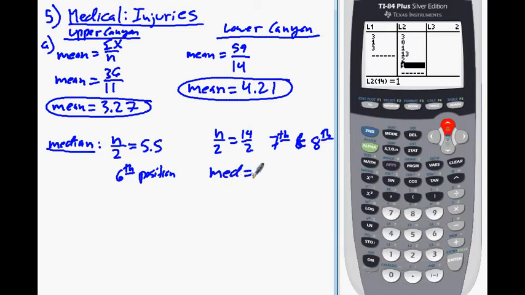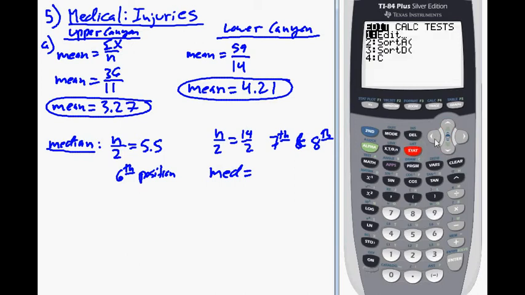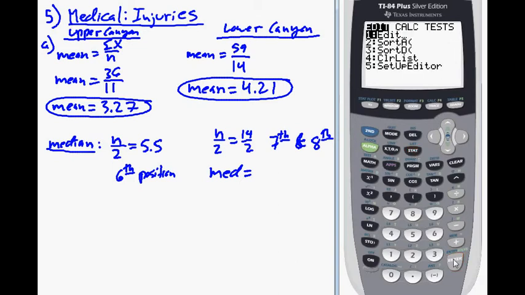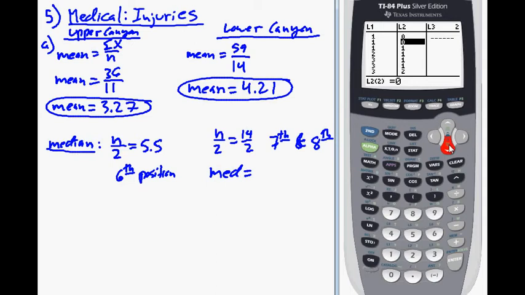So here the median, let's look at our data. Oh, I have to sort this, of course. Let's sort both lists. Alright, now we can go back into our lists. There we go.